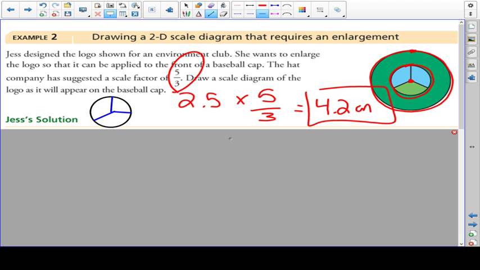It looks kind of crappy. So we want to make sure that it looks as close to the original product as possible. Now, I'm not going to have you guys actually draw it out. I just want you to see how we would go about it if we were going to draw it out.